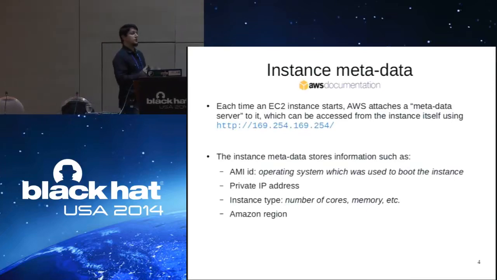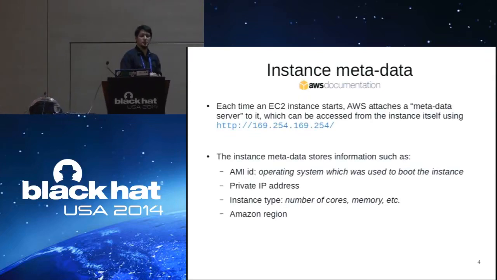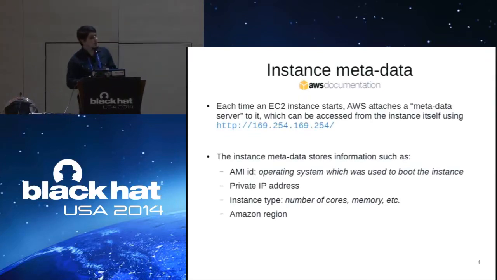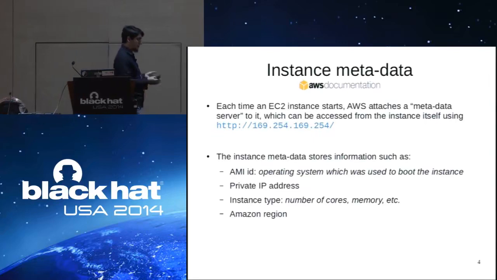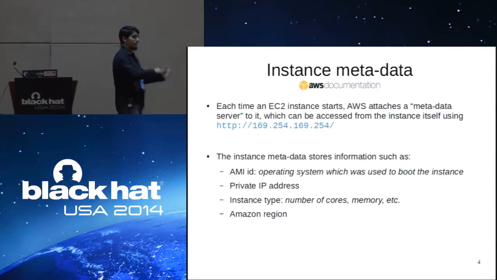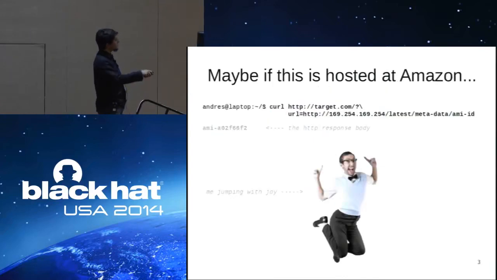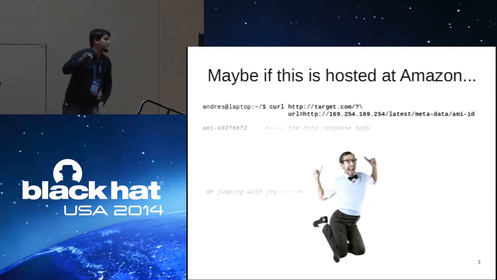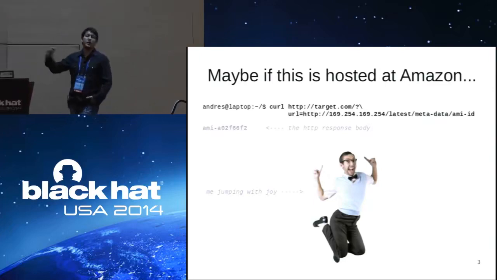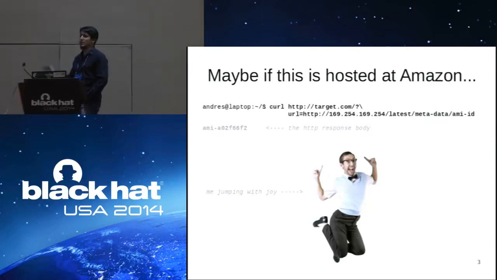So what's stored in that instance metadata? There are many different things that are stored there. We're going to go through a couple of these. And the first one that I showed you was AMI and a number. As you can see here, the instance metadata is ordered in different paths inside that HTTP server.